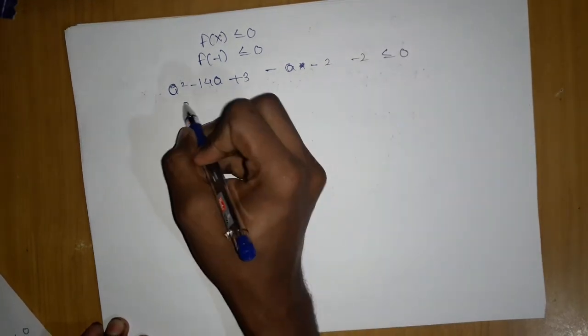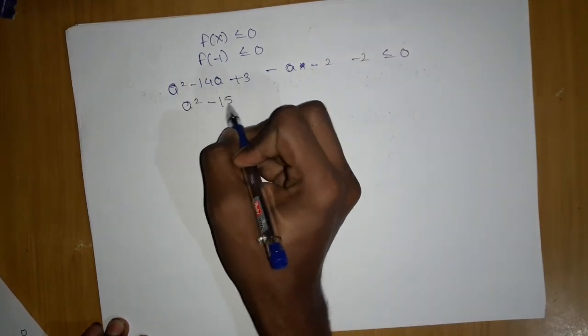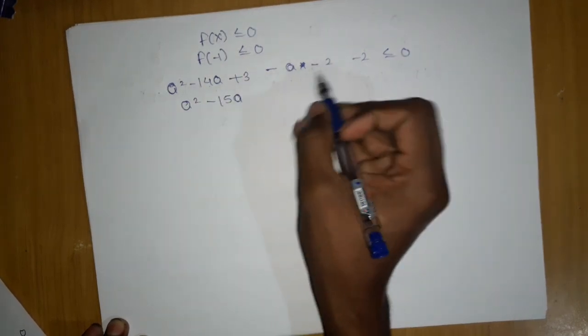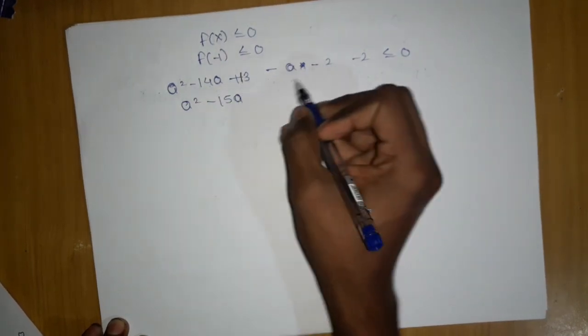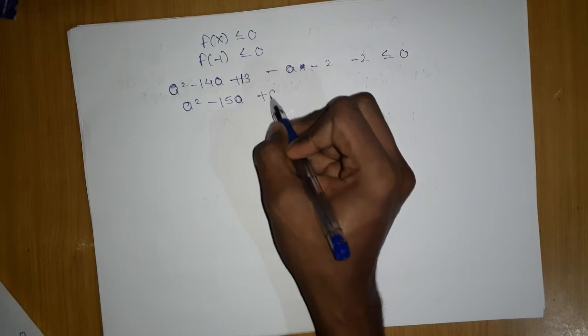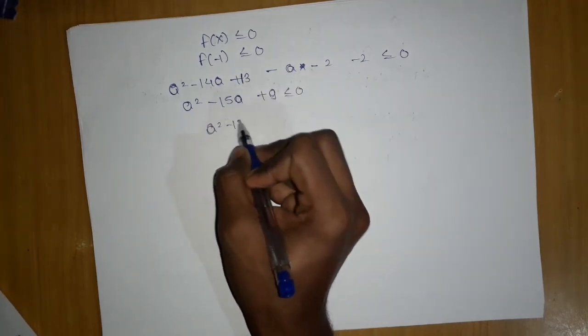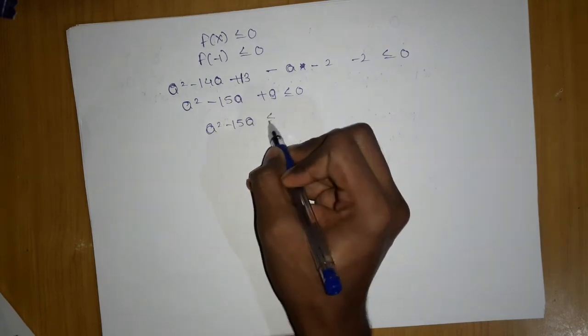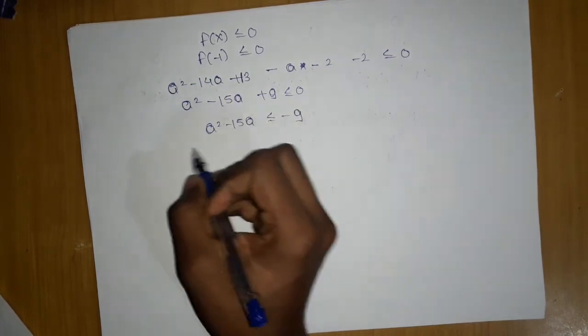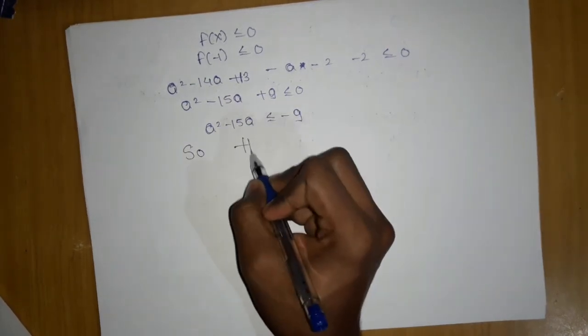If I solve it, a square minus 15a, which is the thing we need to find, 13 minus 4, means plus 9, should be less than or equal to 0. So a square minus 15a should be less than or equal to minus 9.